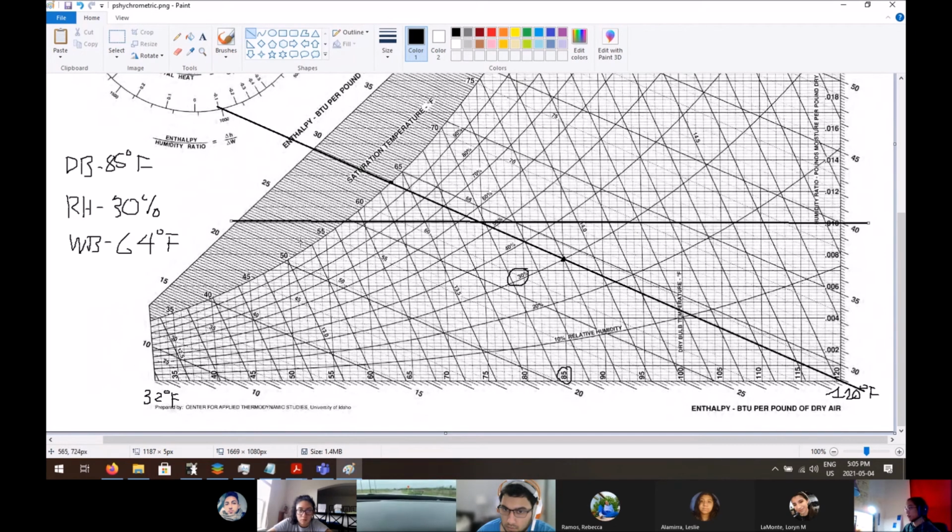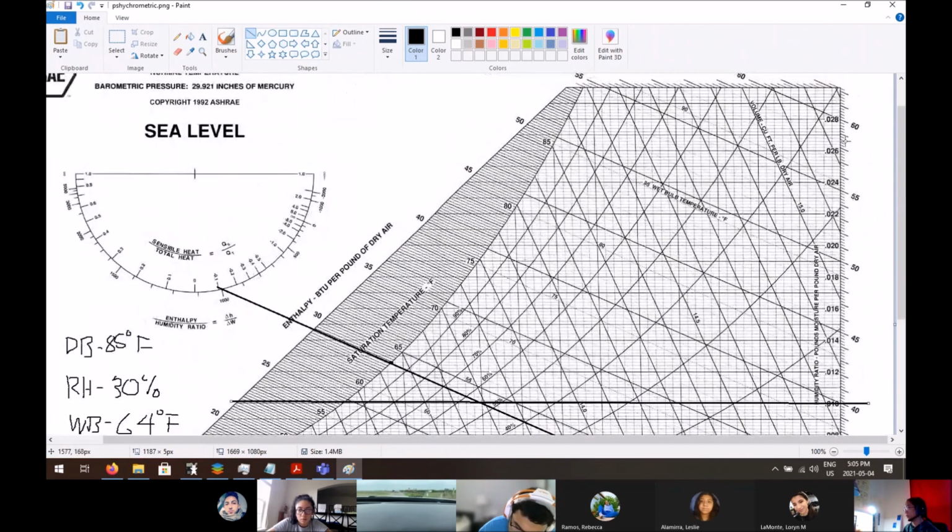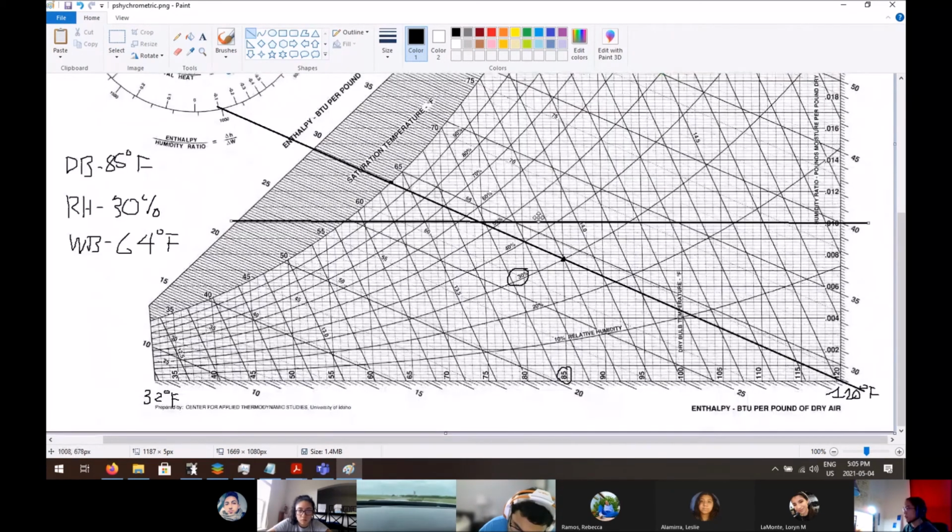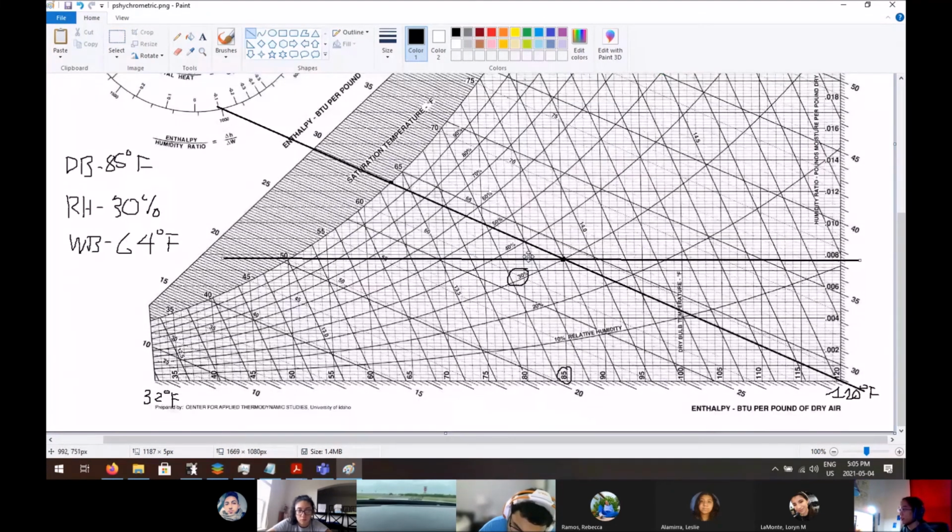So we're putting it on the y-axis because you see this measures absolute humidity. So we move that down and we see that our dry bulb temperature is about 50 degrees Fahrenheit. So at this current humidity, which is 0.0, so our absolute humidity.